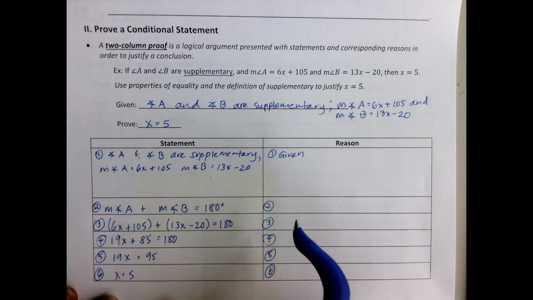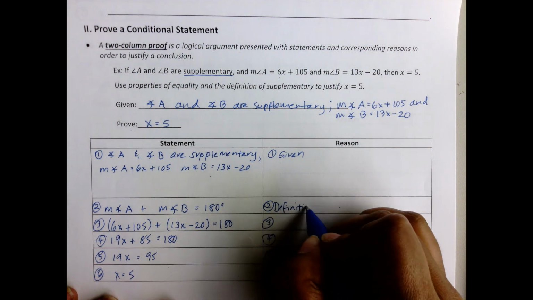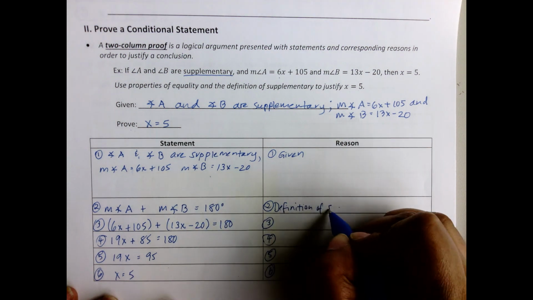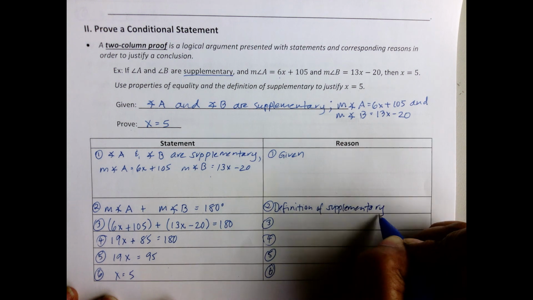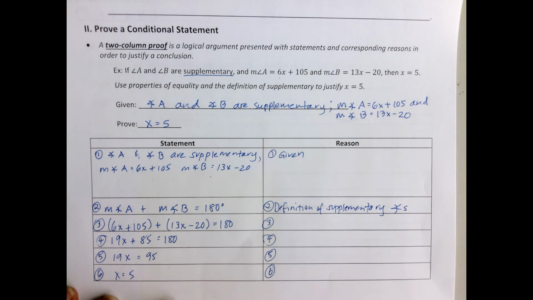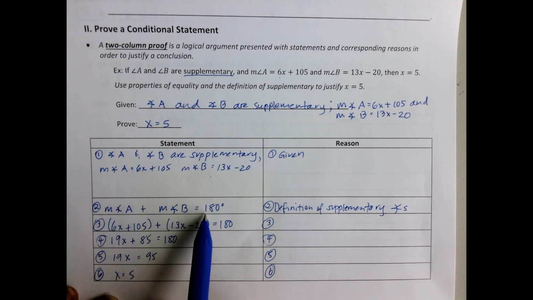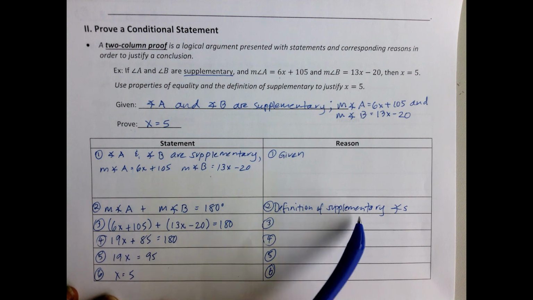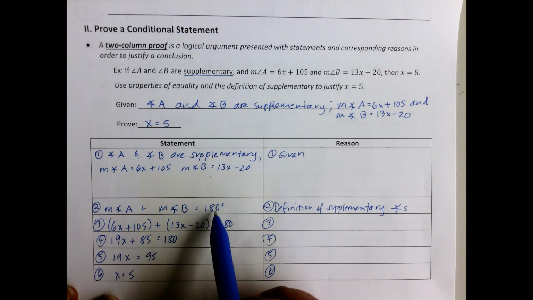So we're going to write definition of supplementary angles. The reason these two angles add up to 180 degrees is that by their definition, supplementary angles are equal to 180.